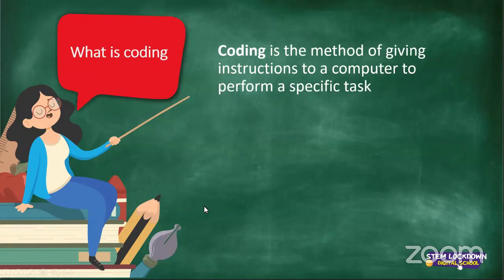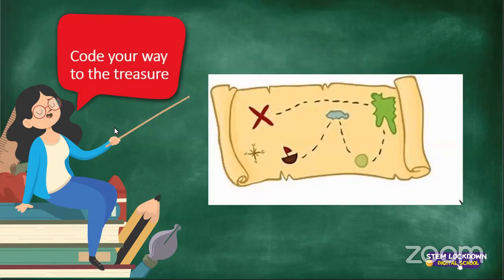The first thing that I want to show you is that we can give a computer instructions just like we can use to find a treasure on a map. As you can see, there's a little ship over here, and then there's a long road that it can follow. And then at the end, there's a little cross where we can see that is our destination.